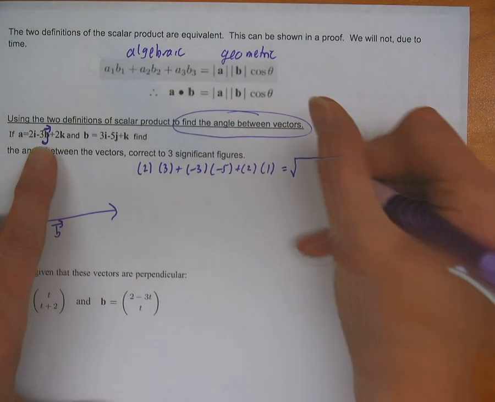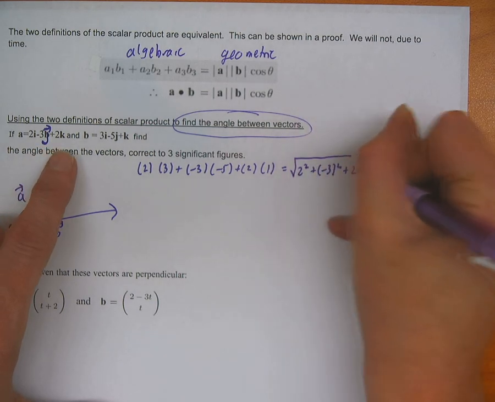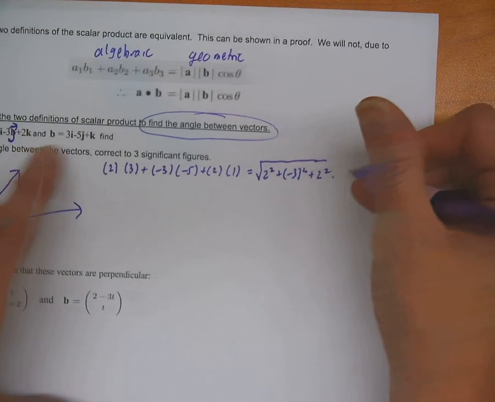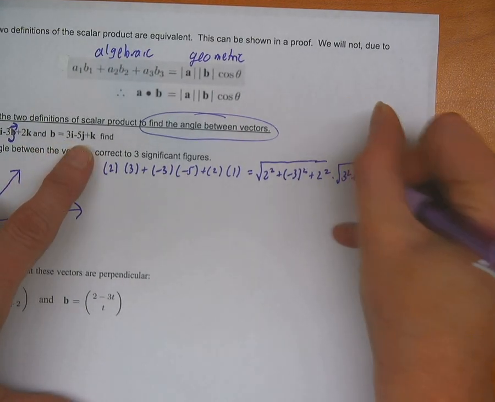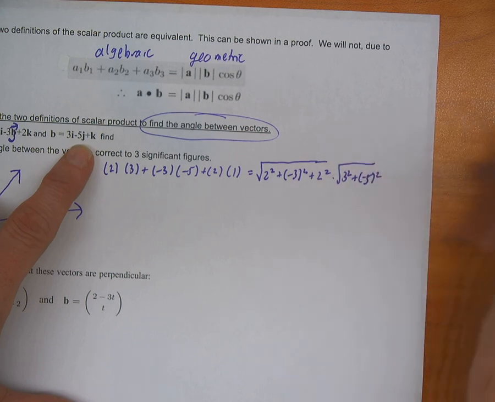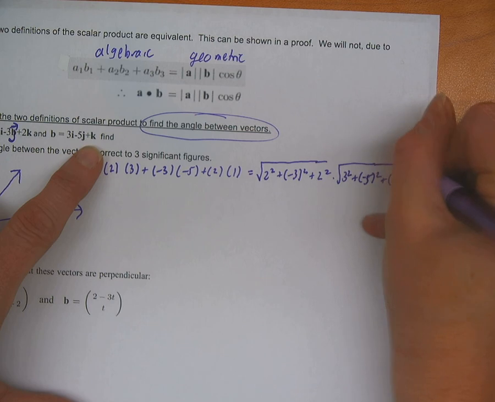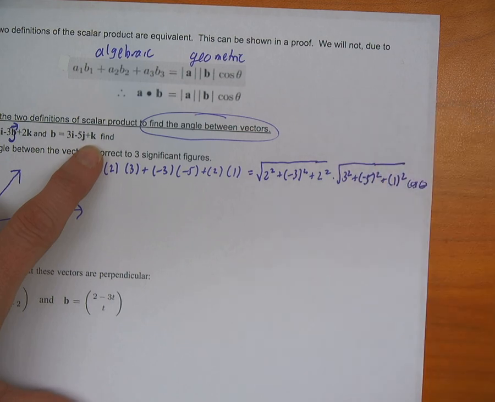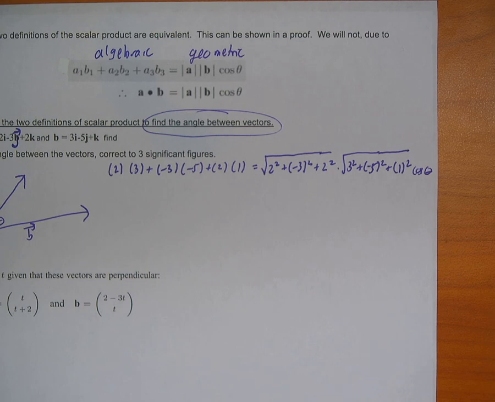The magnitude of vector A will be 2 squared plus -3 squared plus 2 squared. The magnitude of vector B will be 3 squared plus -5 squared. Now you know the negatives are going to cancel, so if you don't want to write the negative, I'm cool with that. And then we have cosine theta. So we get this formula where everything is filled in except for the theta.